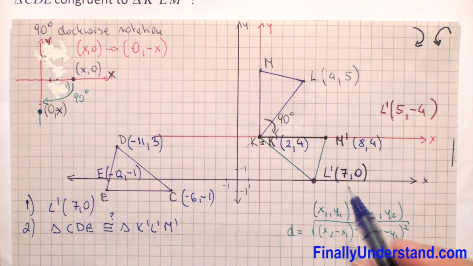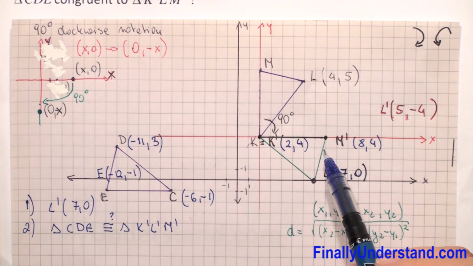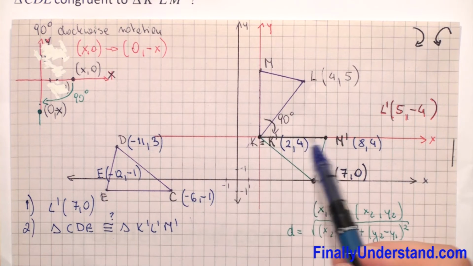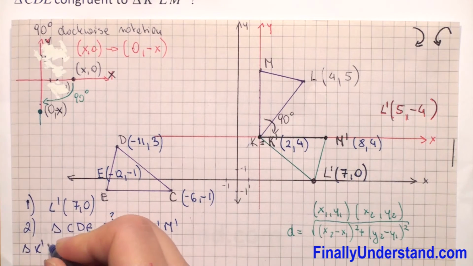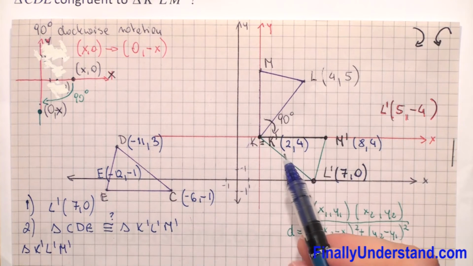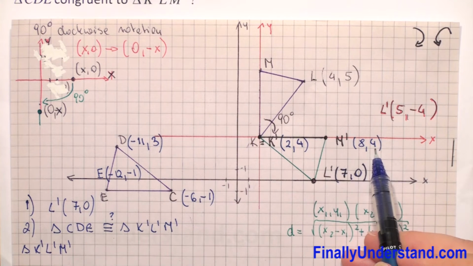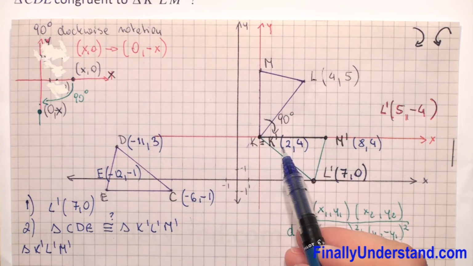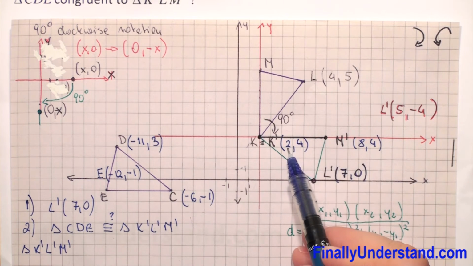First, we will find the sides. We calculate all sides of triangle K prime, L prime, M prime. Because we see that K prime and M prime have the same second coordinate, the distance between K prime and M prime will be just 8 minus 2.